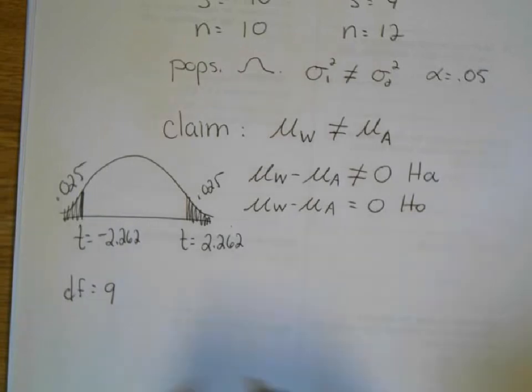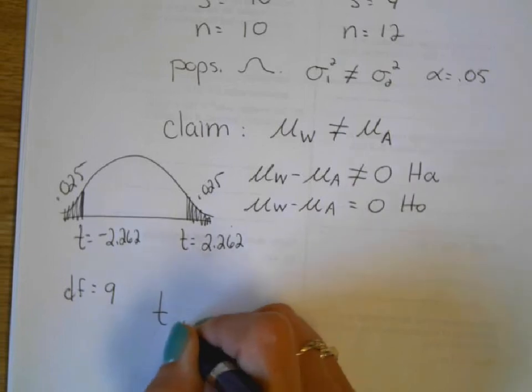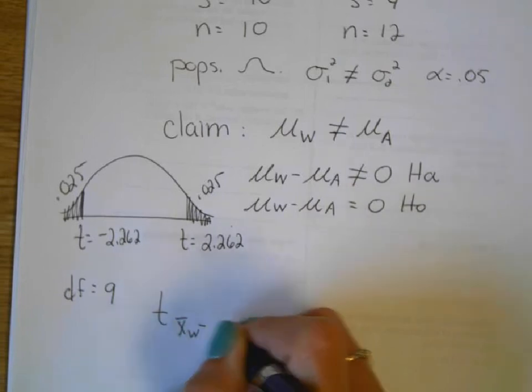Now our plug and chug. So the t-value for the Winter Fire mean minus the Alpen mean.